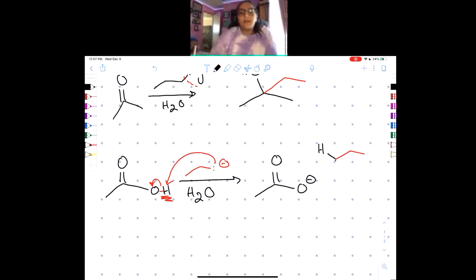So why would we say this is no reaction instead of showing this acid-base chemistry? There's two reasons, really. Why do you guys think we consider this no reaction when we're talking about the Grignard?